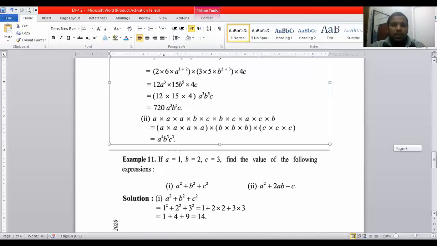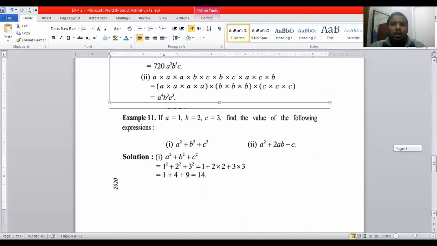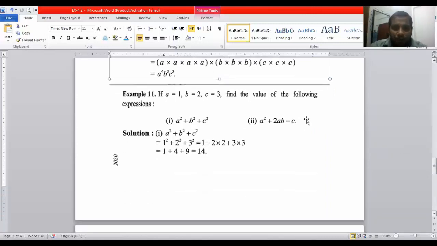I am not explaining that one to you. Number 11. If a equals 1, b equals 2, c equals 3, find the value of the following expressions. First one is a square plus b square plus c square, and second one is a square plus 2ab minus c. So a equals 1, b equals 2, c equals 3.